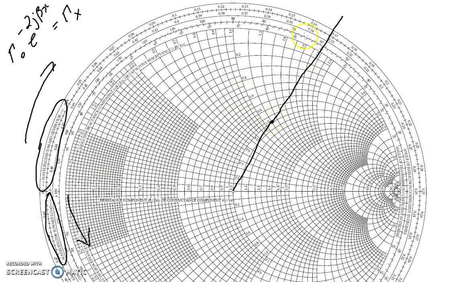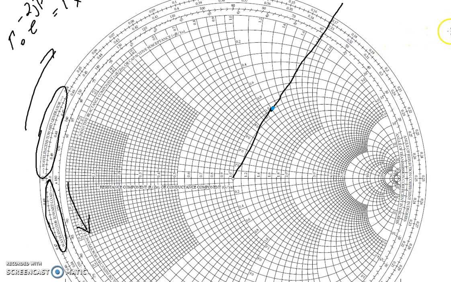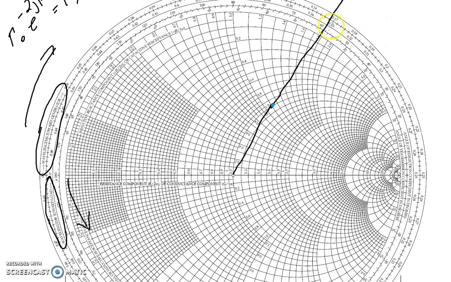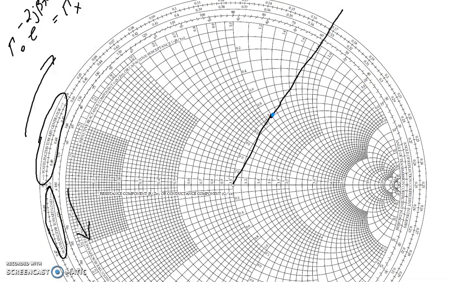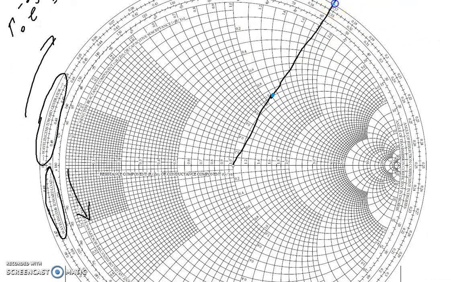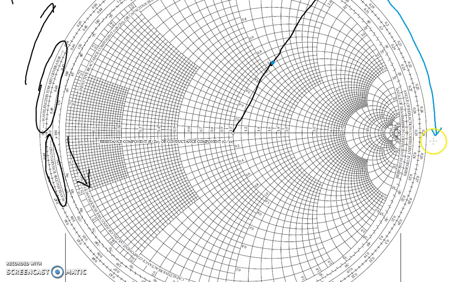So if your reflection coefficient at the load is at this point, and you want to know the value of the reflection coefficient at a certain distance x away from the load, let's say a quarter wavelength away from the load, what you do is you come from this point here, you go around until you have found the number of wavelengths away from the load that you want.